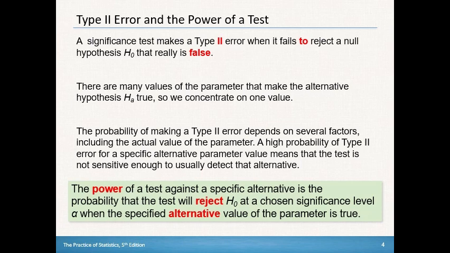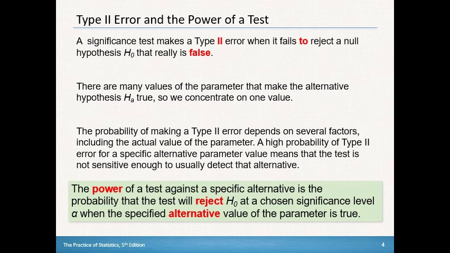So the power of a test will always be related to some alternative value. The power of the test is the power to detect that alternative value and as a result reject the null hypothesis. So the power of the test against a specific alternative is the probability that the test will reject the null hypothesis at a chosen significance level, alpha, when the specified alternative value is actually the true parameter.